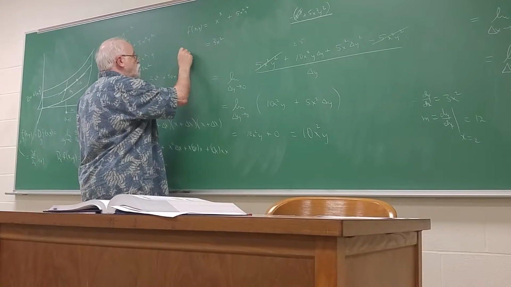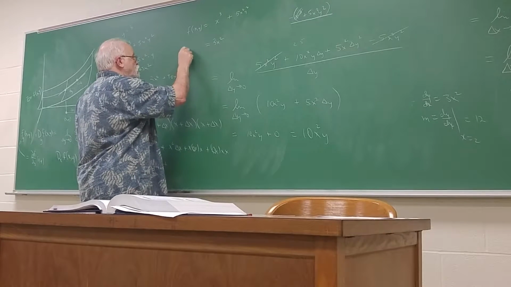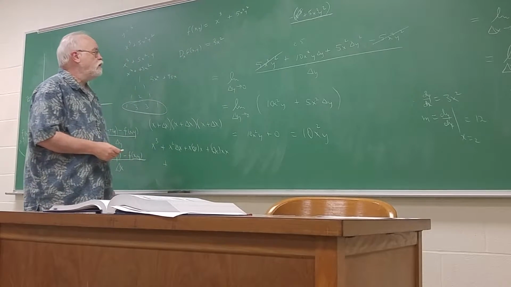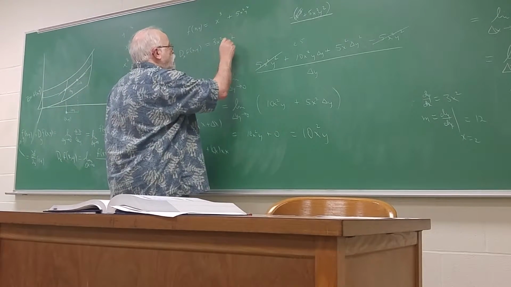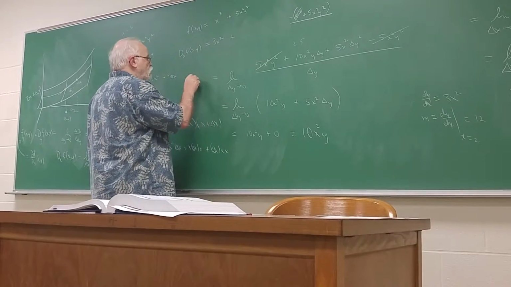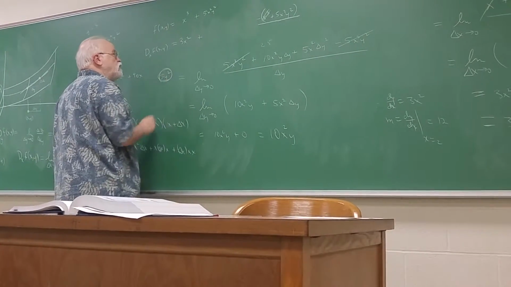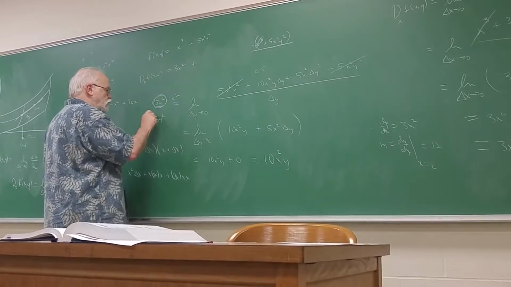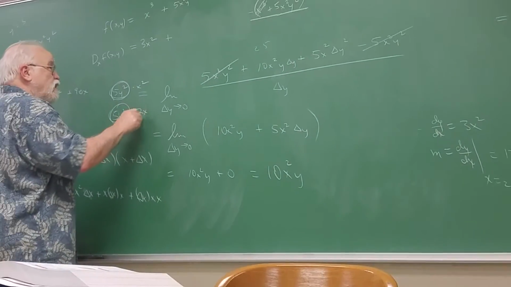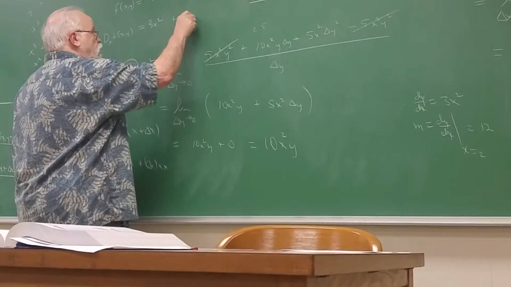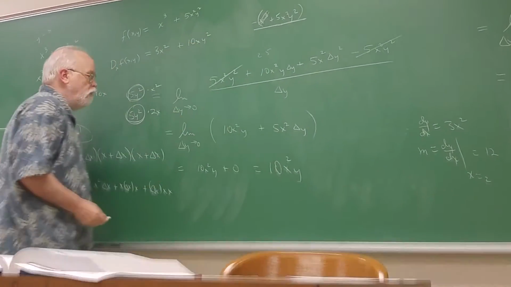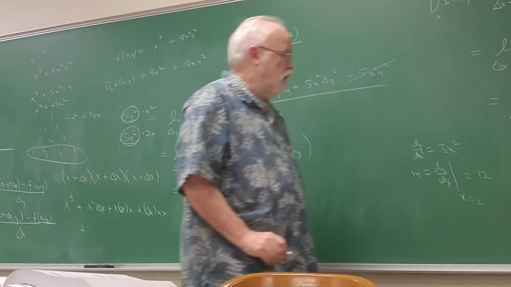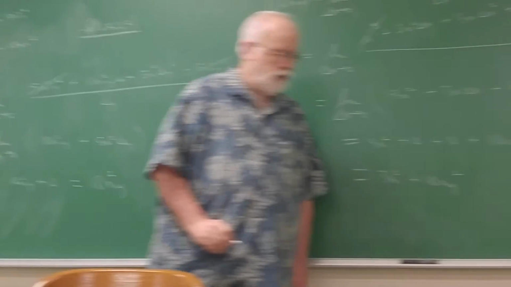So anyway, this is going to be d sub x f at x, y, or whichever notation you happen to want at the time. And then over here, I've got a great big old constant times x squared, so I'm just going to get the great big old constant times 2x. And that's going to give me 10x y squared, which should be what I got a while ago. Yeah, there it is.